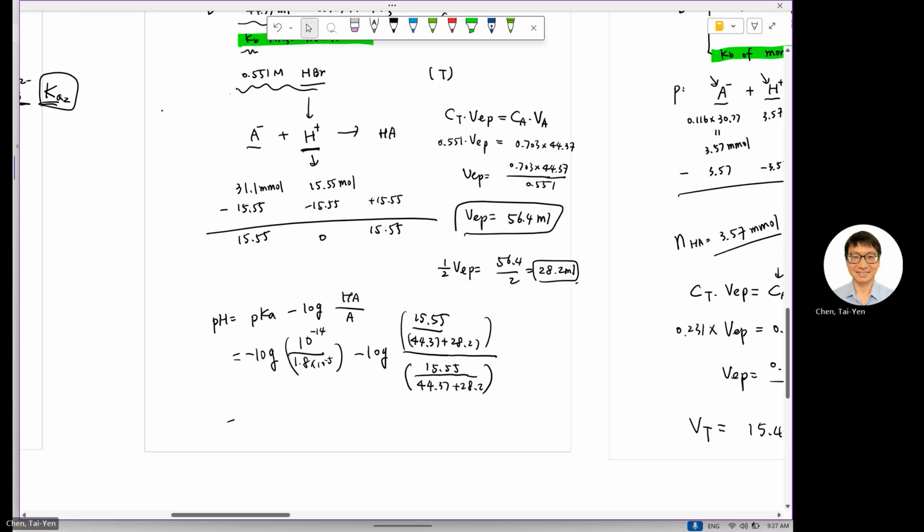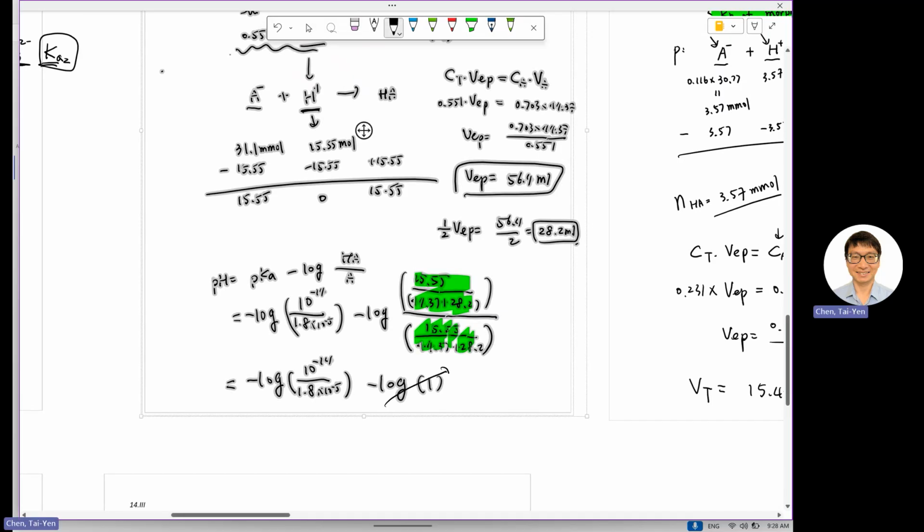Therefore you know, this numerator and the bottom denominator are exactly the same. Therefore you have log 1. Log 1 is going to give you a value of 0, right?